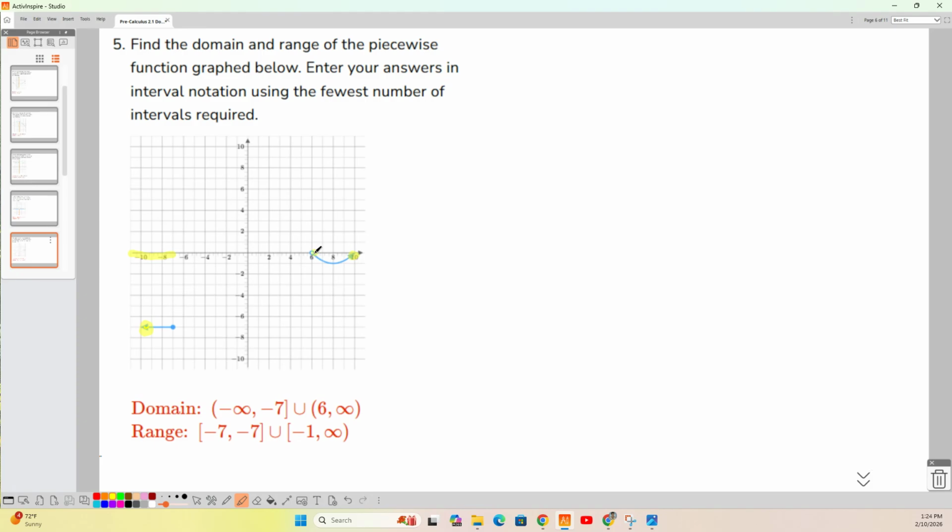We pick up immediately after 6, and the graph exists, and we go to infinity. So to indicate this part, we say union 6 with a parenthesis to indicate that we're not including 6 because of the open circle at 6, and then going to infinity.